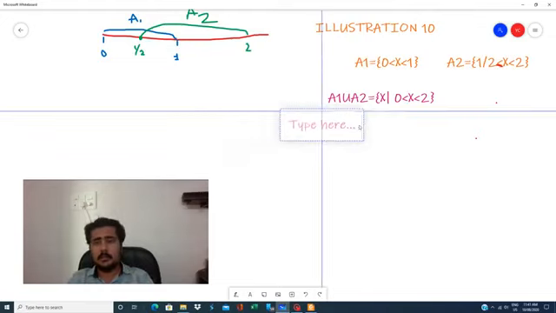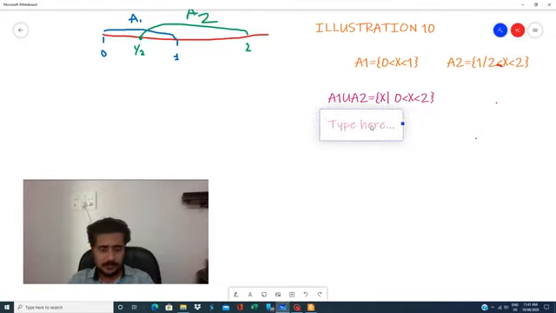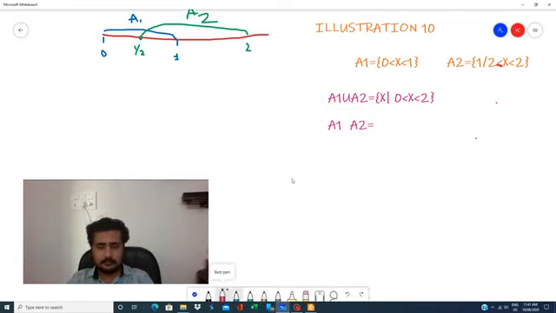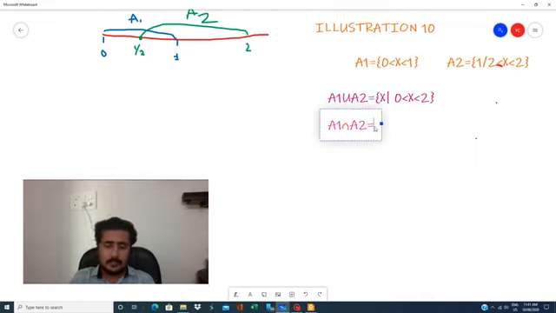Then I'm talking about intersection. Let's talk about intersection. So in intersection, it is from half to 1.